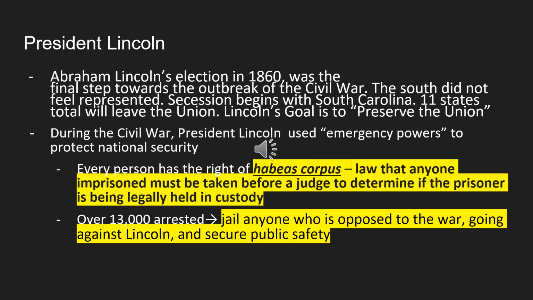Doesn't matter. He did use this quite a lot. Over 13,000 people will be arrested. Essentially, if you were defending the South in any way or you were a threat to public safety, Lincoln could have you arrested. And obviously he did. So this was the first major expansion of presidential power.